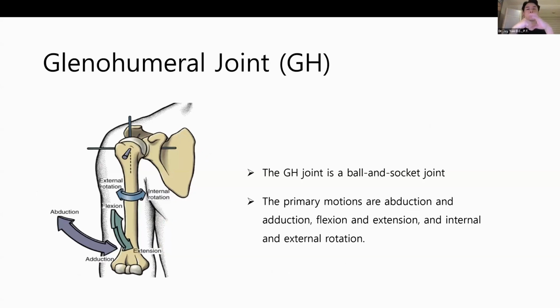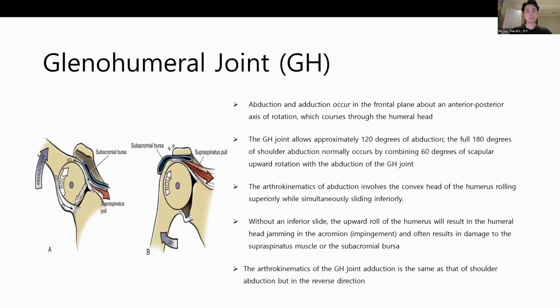A ball and socket joint has the advantage of motion, but the disadvantage of stability. The primary motions of the GH joint are abduction, adduction, flexion, extension, and internal and external rotation. So there are six motions in the GH joint.